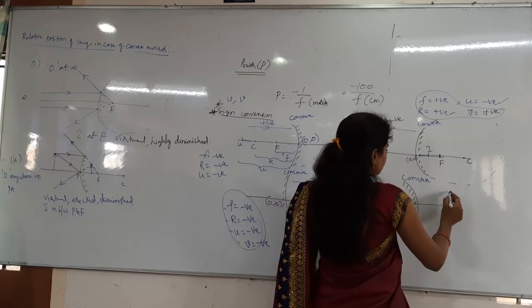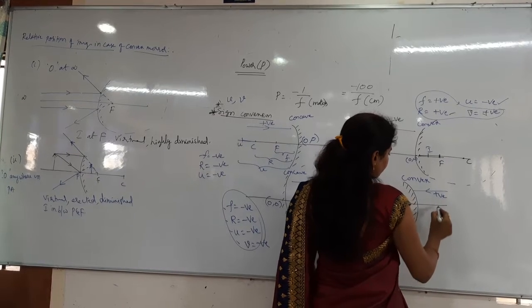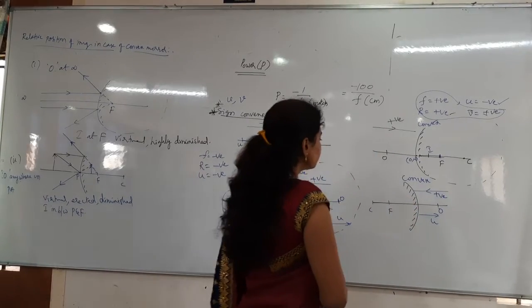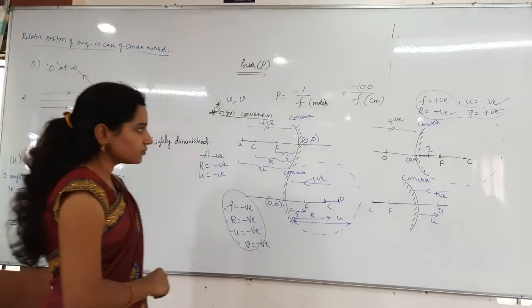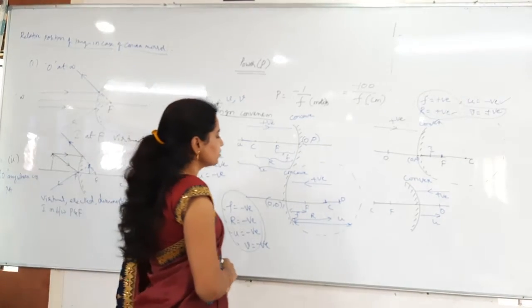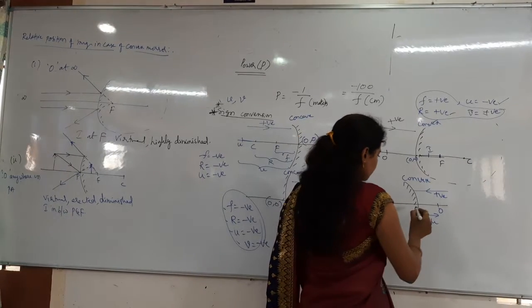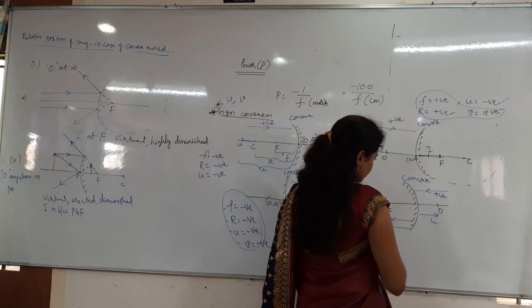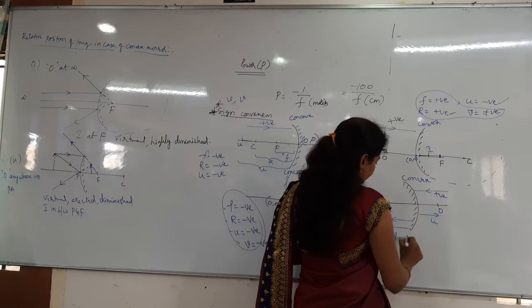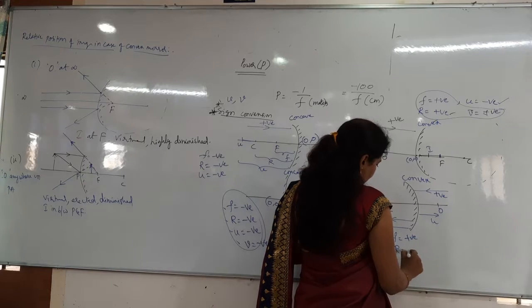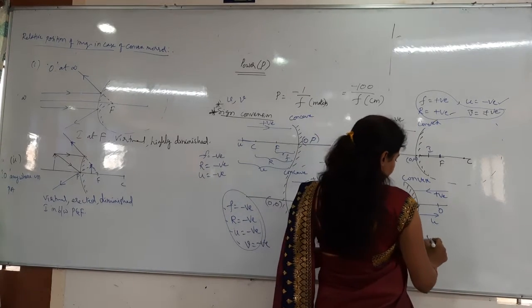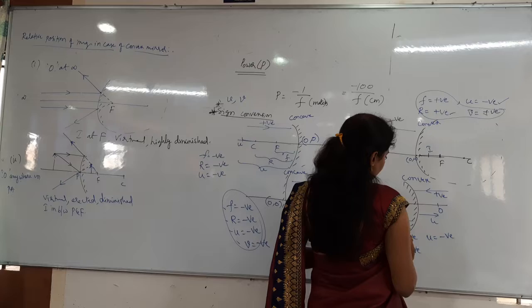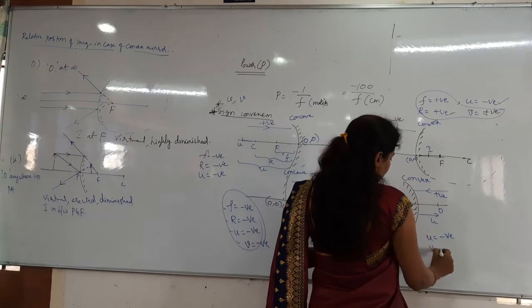Direction of incident ray is positive. Next point: pole is the origin. All the distances are to be measured from the pole only.